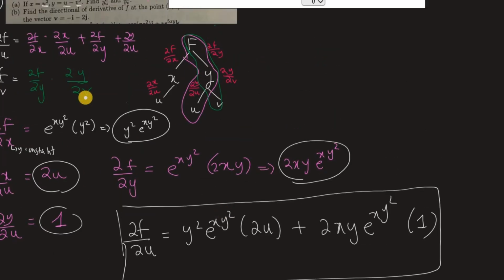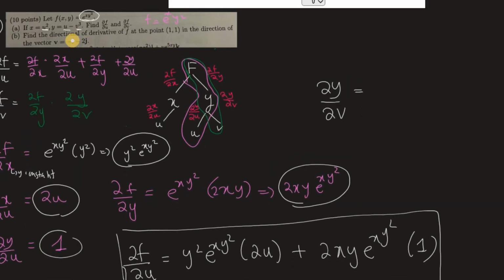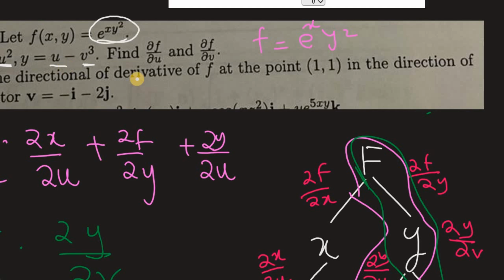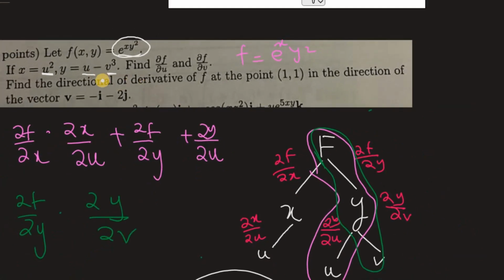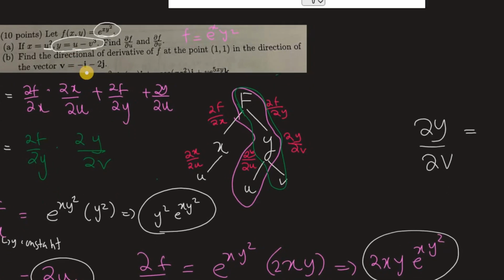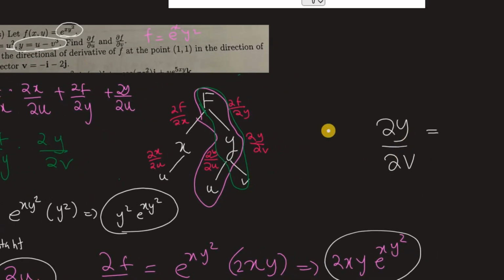Now, do we have y with v? We have y with u, but not y with v. So let's calculate this: the partial derivative of y with respect to v. This is the y equation, and we are differentiating with respect to v. So u is the constant, so u goes to 0, and we're taking the derivative of this only.